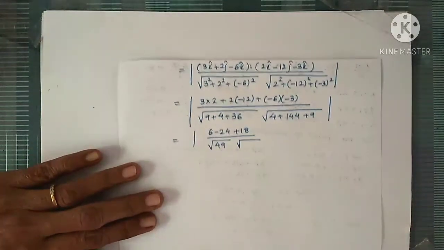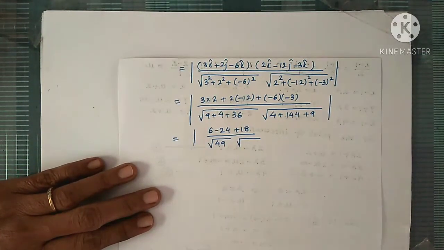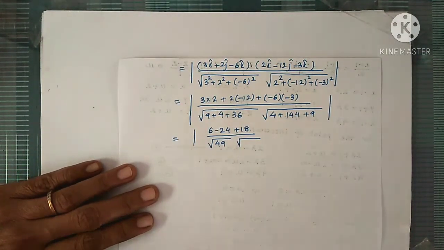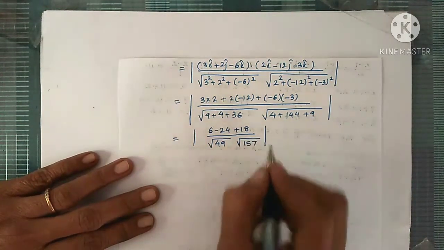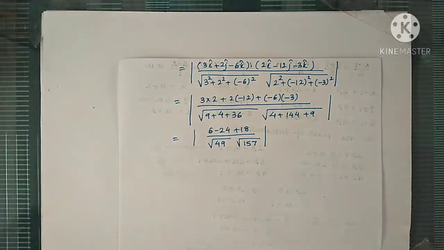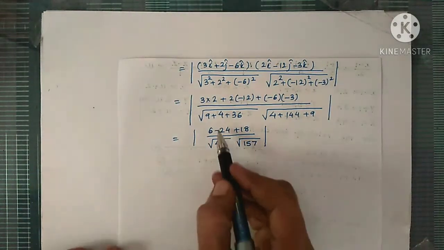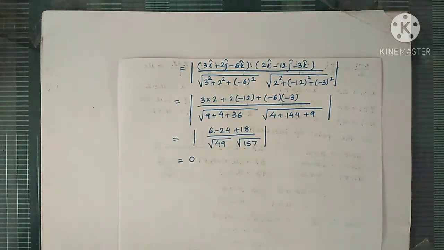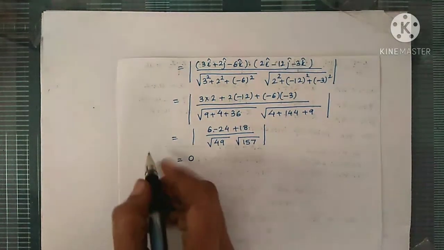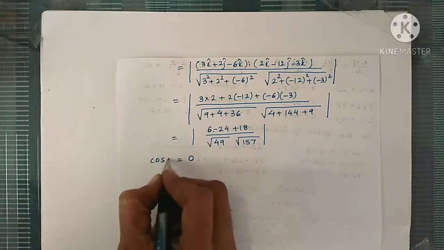Then here 144 plus 4 is 148, and 148 plus 9 is 157. But the numerator is now 24 minus 24, as 6 plus 18 is 24. So that becomes 0. So we have cos theta equal to 0.